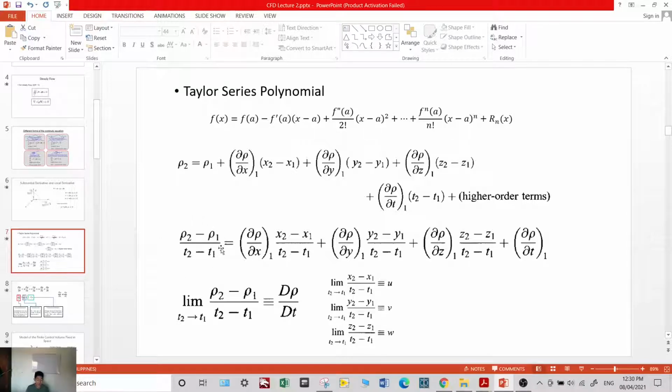rho sub 2 minus rho sub 1 over t2 minus t1. And then, kaning x2 minus x1 over t2 minus t1, this is just the velocity along x. So, u, kaning u rin siya equivalent. So, u, v, w. And then, kani, as you get the limit as t2 goes to t1, so, na yung equivalent ani.